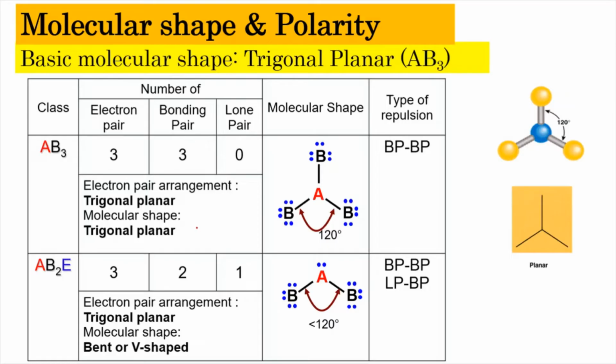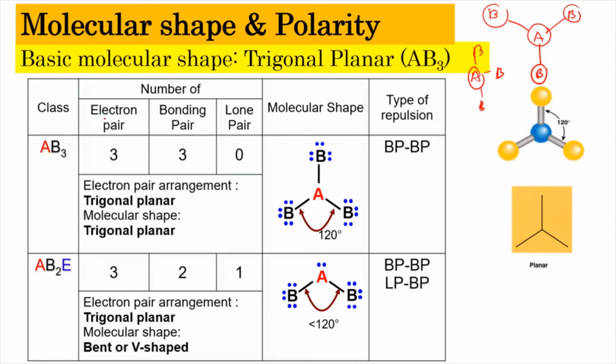Now we're going to look into the next basic molecular shape, which is the trigonal planar, AB3. So you can imagine that you have a central atom, which is A, and then it is bonded with 3 terminal atoms. So the correct way of drawing that is we need to make sure that the terminal atoms are far apart from one another. We cannot draw it to be something like this, because it is too close together.